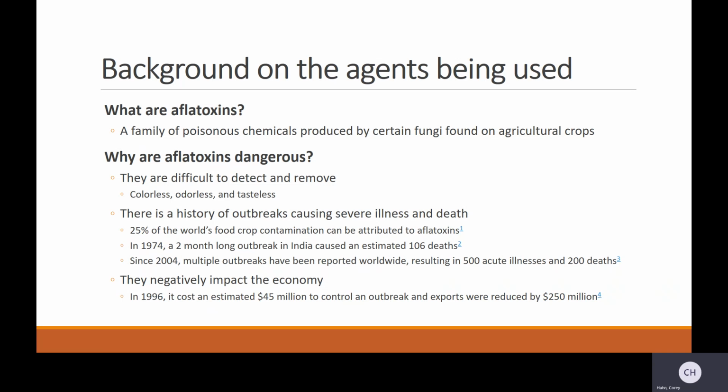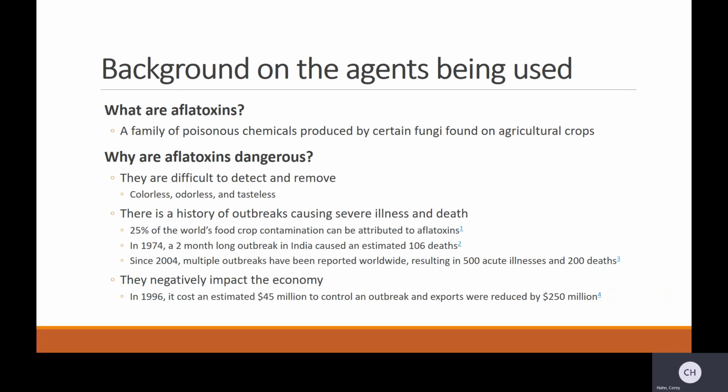Another reason why they are dangerous is because they are colorless, odorless, and tasteless, which makes them difficult to detect and remove. There's also a history of outbreaks, and I wanted to highlight 3 interesting facts that I discovered in my research. So first, 25% of the world's food crop contamination can be attributed to these aflatoxins. Also, in 1974, there was a 2-month-long outbreak in India that caused an estimated 106 deaths.